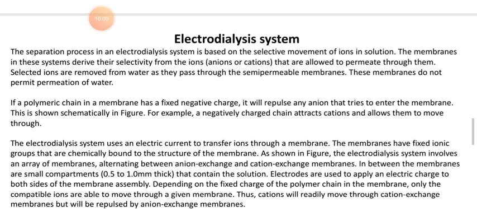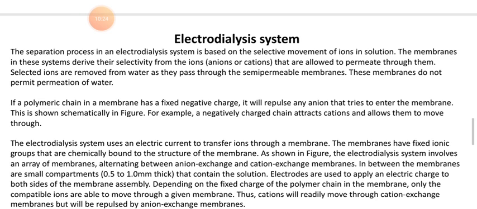Now, the electrodialysis system uses an electric current to transfer ions through the membrane. The membranes have fixed ionic groups that are chemically bound to the structure of the membrane. As I told you, in this condition your membrane is bound with certain ions. The electrodialysis system involves an array of membranes alternating between anion exchange and cation exchange membranes.